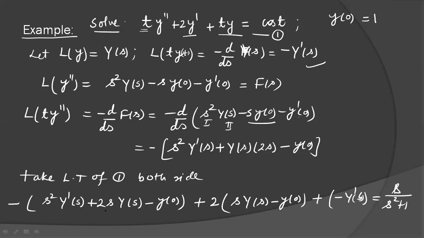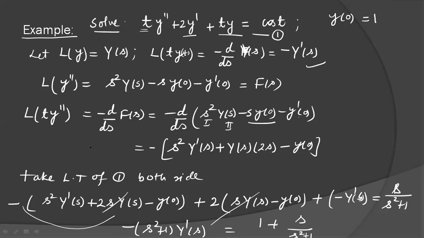Now if you simplify that, the minus 2s will be cancelled by this term. And y(0) is given to you as 1. So if you simplify, you will get minus (s square plus 1) Y dash(s) equal to 1 plus s over s square plus 1. Now I am going to solve this equation.